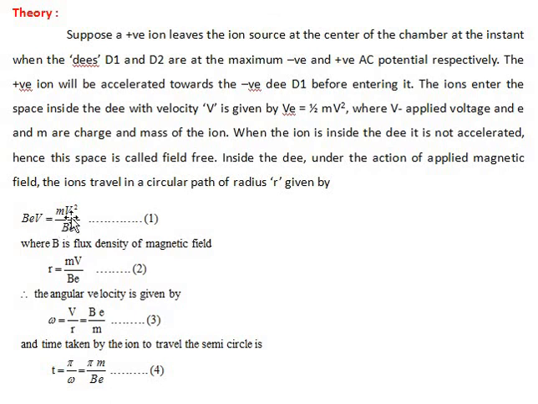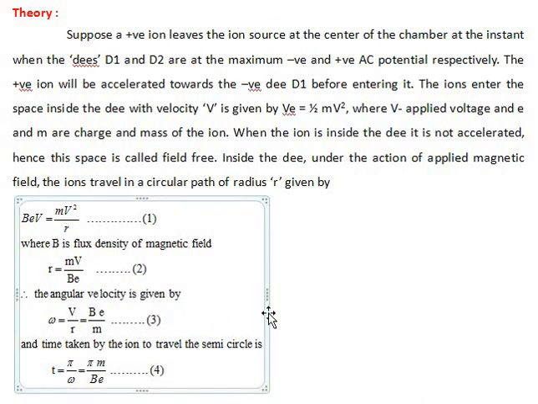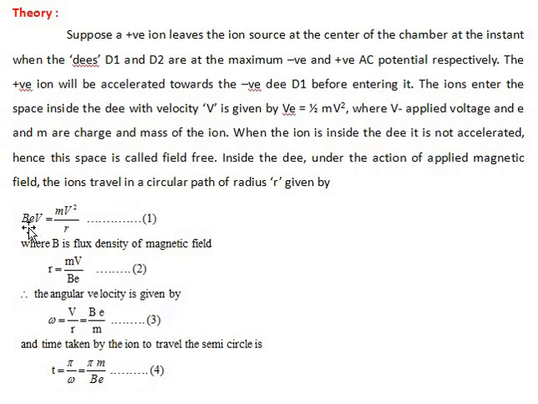That is equal to mv squared divided by r. So BeV is equal to mv squared divided by r, where B is the flux density of the magnetic field. Therefore, rearranging these terms, r is equal to mv divided by Be, as one v gets cancelled. Call this equation number 2.